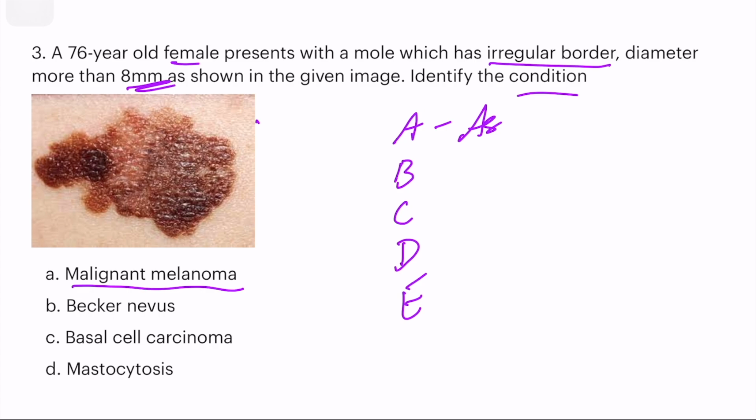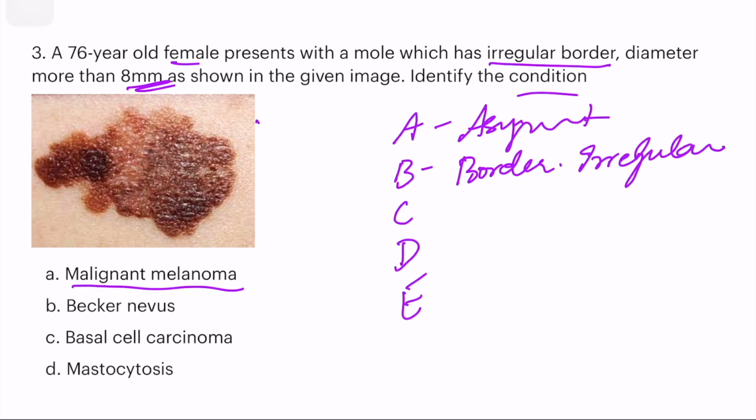A stands for asymmetry, and B stands for border. And border as in irregular. It should be irregular. And for C, it is color. It should have multiple colors like shades of brown or reddish, like that.